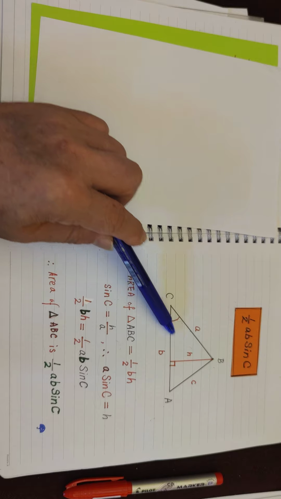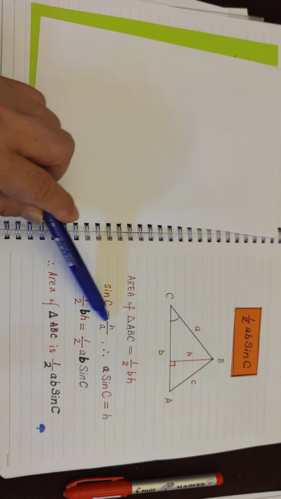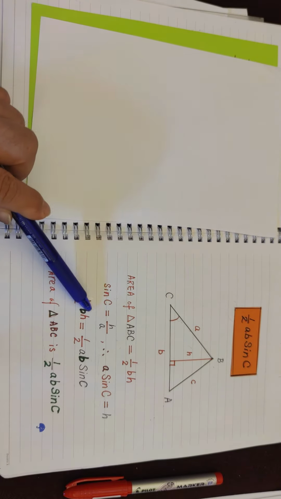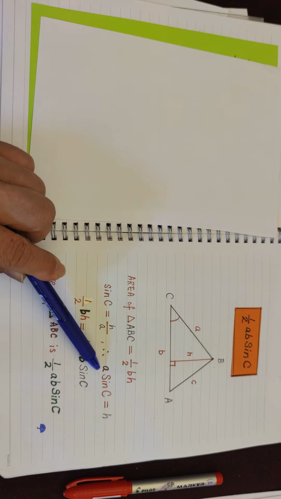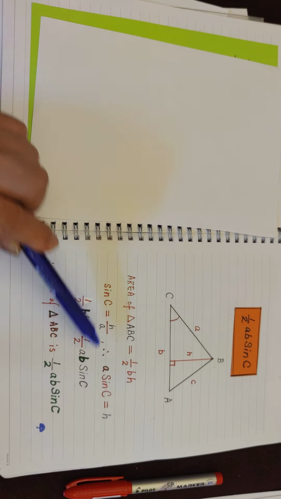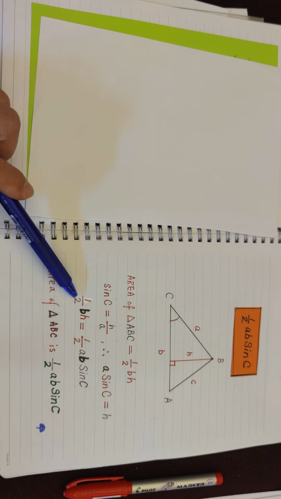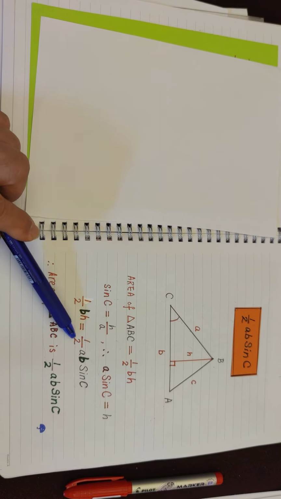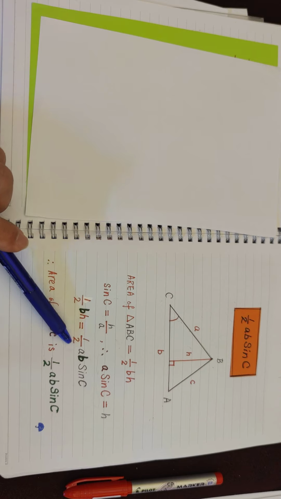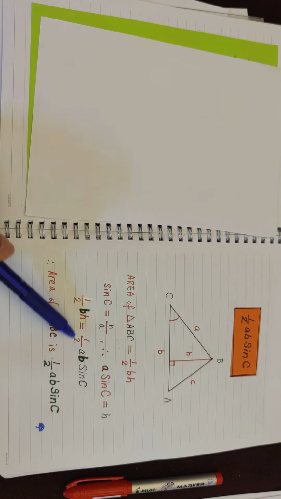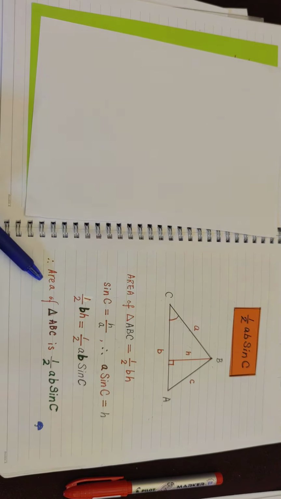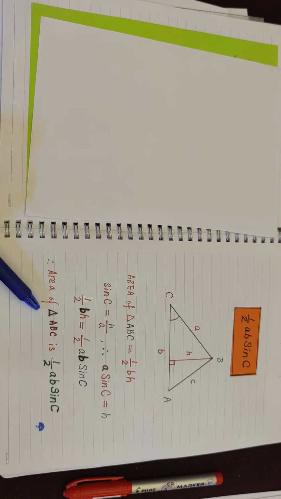Here we have h over a is equal to sine angle C. Therefore, a sine C is equal to h. And the area of the triangle is 1/2 bh, so it is equal to 1/2 b a sine C. Therefore, the area of a triangle is 1/2 ab sine C.